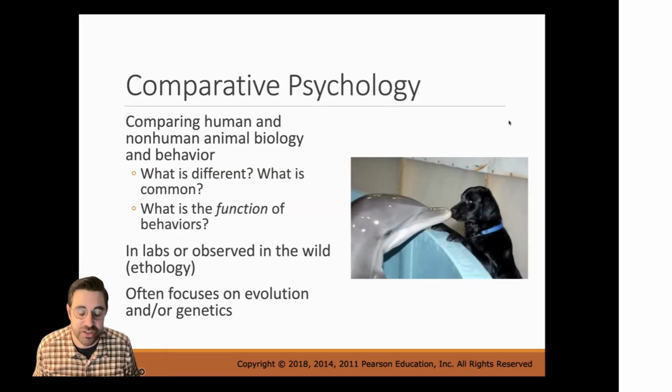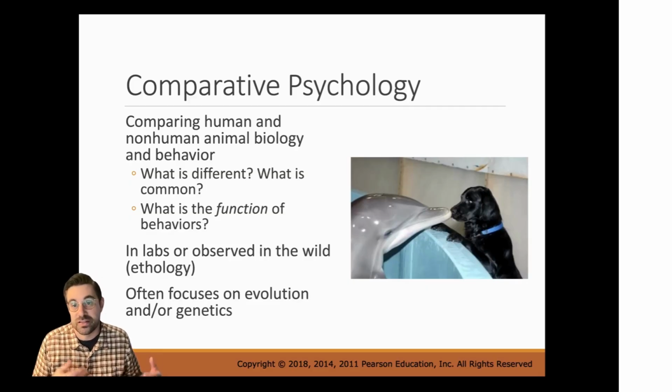The final division of biopsychology is called comparative psychology. And this one's going to make a lot of sense because we're comparing things, right? So we're going to be comparing humans and non-human animals. Okay. So I'm going to be comparing what humans do psychologically to what dogs do psychologically, or to what dolphins do psychologically. And we're looking for what's different and also what's common.